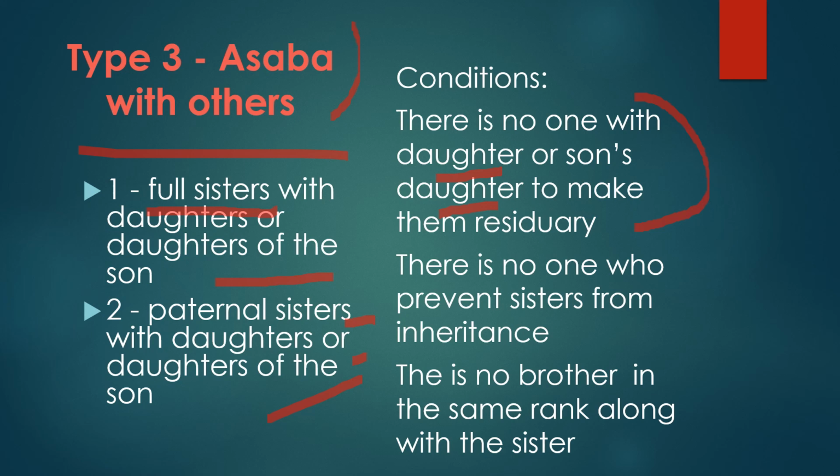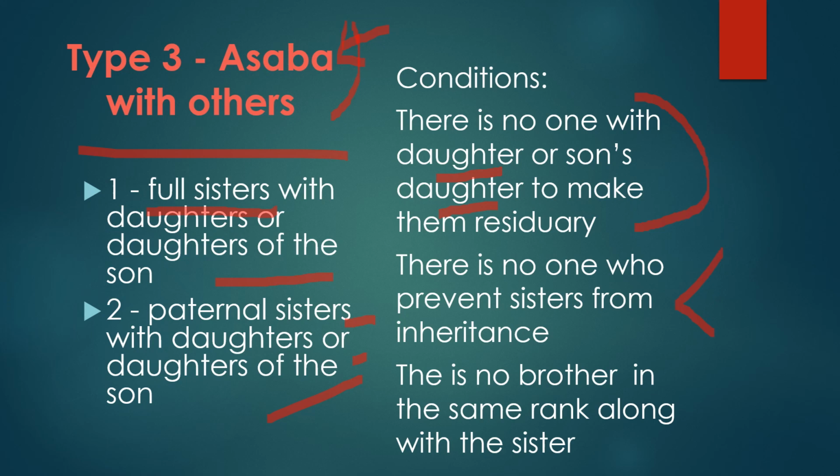Okay, the first condition, please note, you have to ensure to make asaba with others to inherit, that there is no one with the daughter or son's daughter to make them residuary. That is the first one. And the second one, there is no one who prevents sisters from inheritance. There are certain people who will prevent sisters. For example, the son will prevent all the brothers and sisters. If the son is there, automatically the sister will be prevented from inheritance.